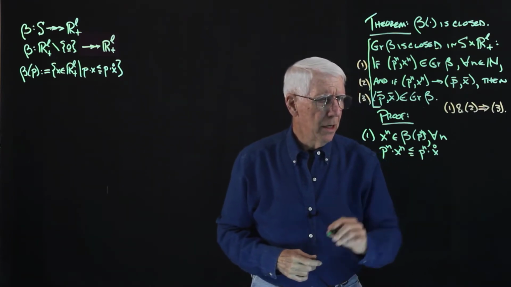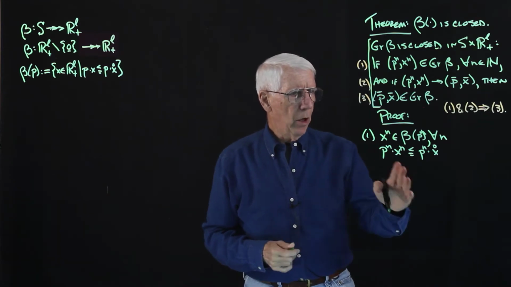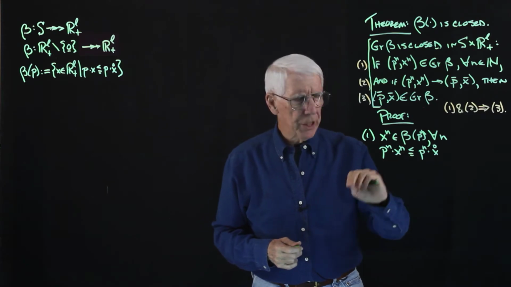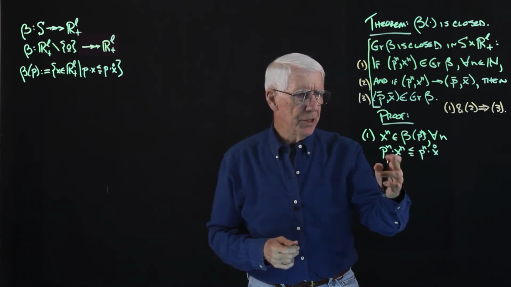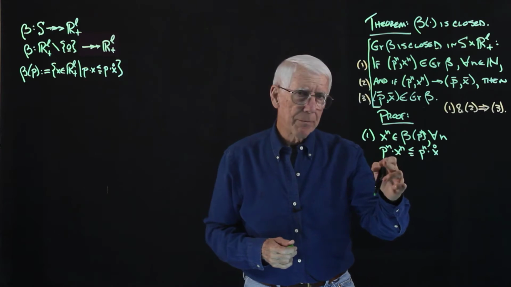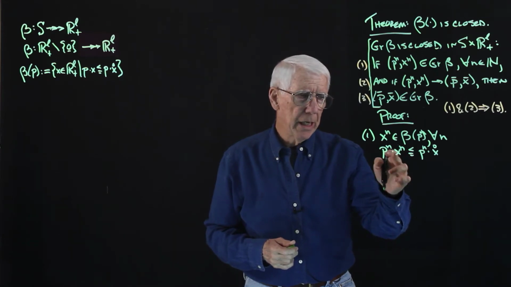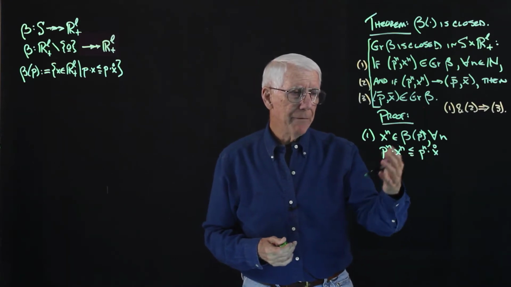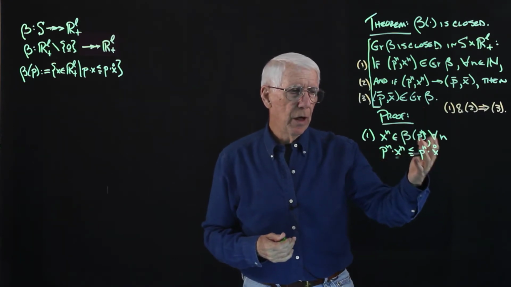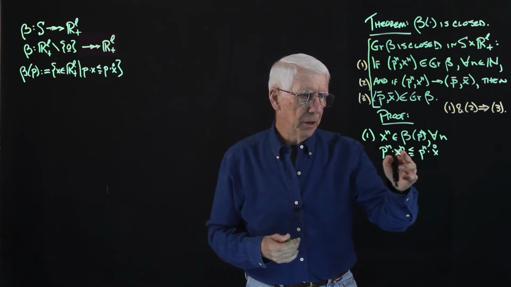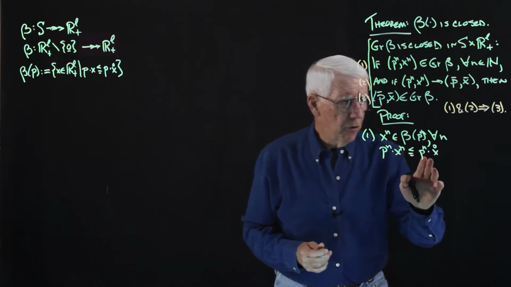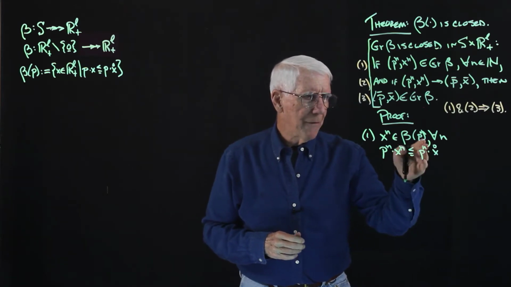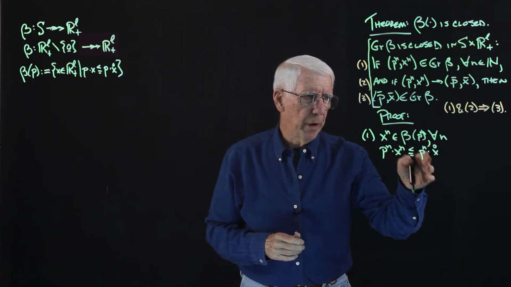On both sides, we have real numbers. The dot product of Pn and Xn is a real number, and Pn dot X circle is a real number. So what we have now is a sequence of real numbers on each side. It will be easier to see what's going on if we get a fixed real number on the right-hand side.